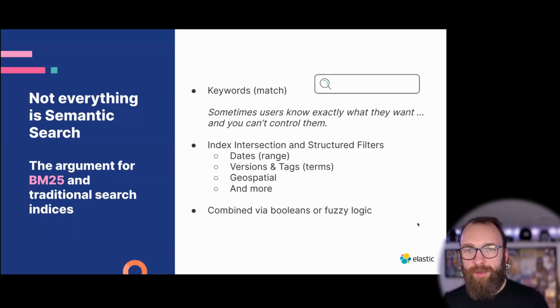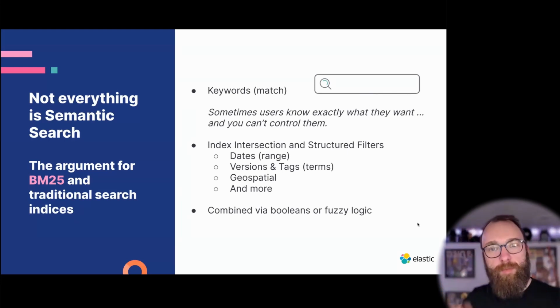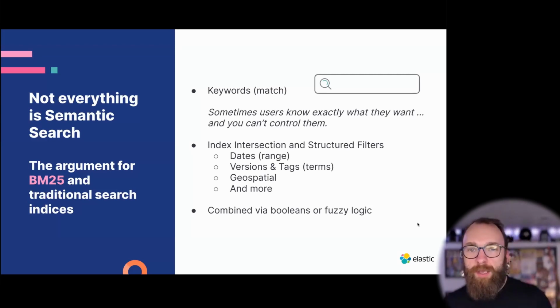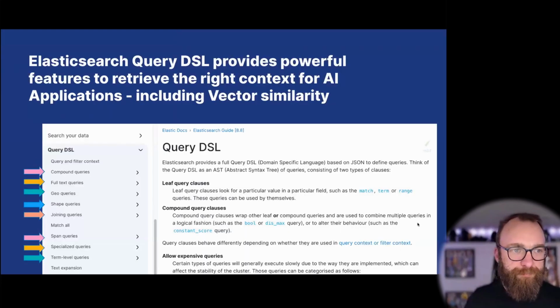I want to see all the restaurants that serve sausage pizza within a quarter mile of where I am, that have more than 4-star reviews. These are all things that the traditional search engine can do extremely well, in combination or alone. So don't think that traditional BM25 search is dead.